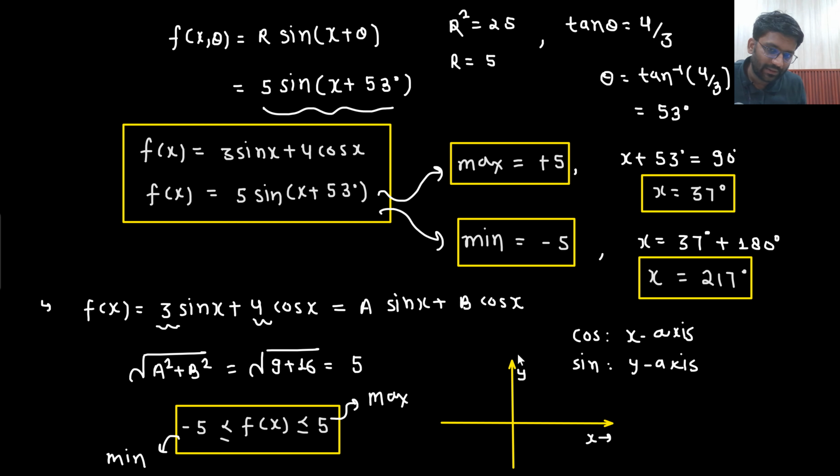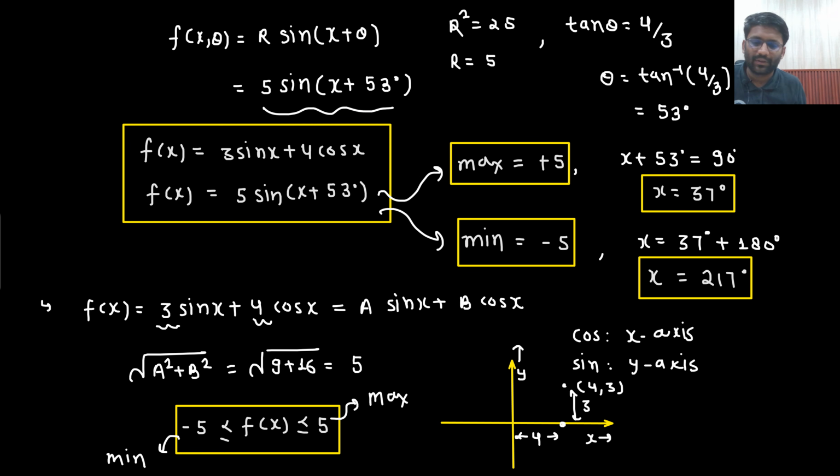Cos is a friend of x-axis. So what is the coefficient of cos? That is 4. So on x-axis I will go for 4, and on y-axis I will go for 3. So here I will reach 4 comma 3. What does that mean? This length will be 3 and this length will be 4, right?